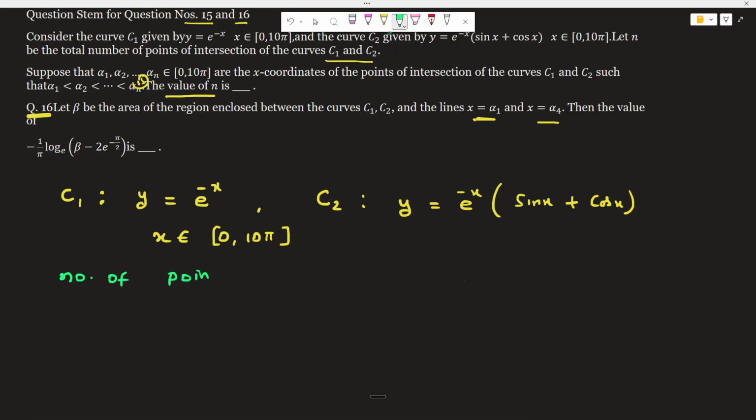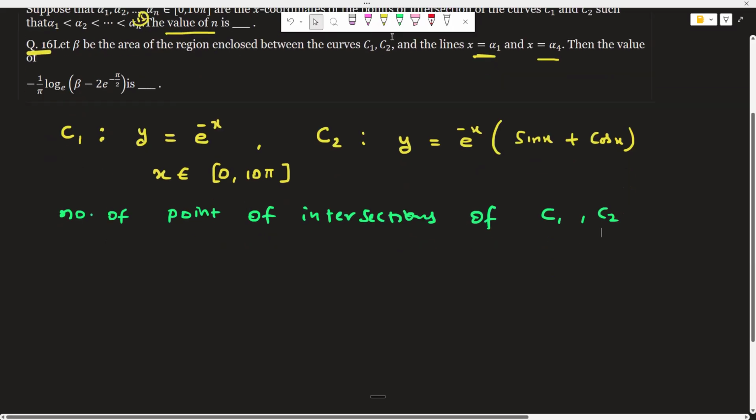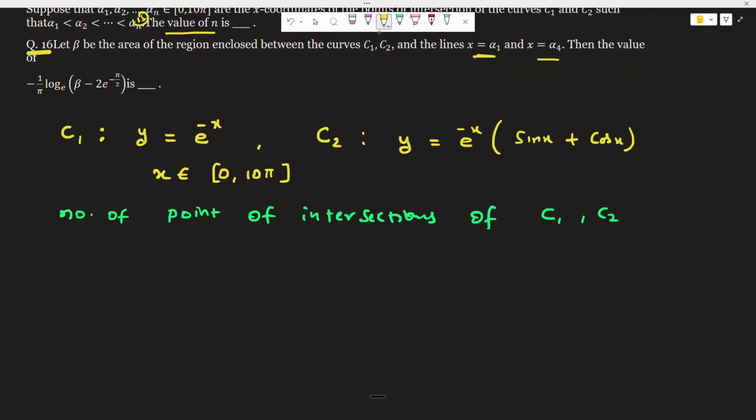It says the number of points of intersection of C1 and C2. Okay, let's calculate the n value. For that, we will equate both curves together. Then we get e power minus x is equal to e power minus x of sin x plus cos x.